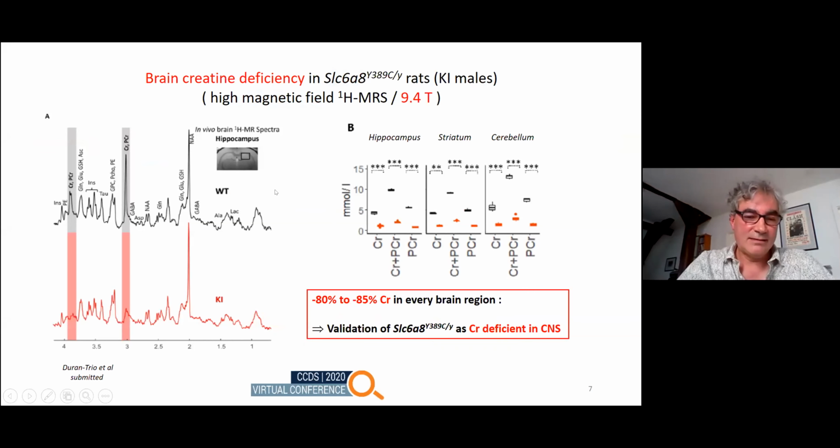You see here a proton MRS. In red, it's the knock-in rat, so the creatine transporter deficient, and you see the huge decrease of the creatine peaks as compared to wild-type animals here. In all the brain regions we have scanned, we observe an 80 to 85 percent decrease of creatine in these knock-in rats.